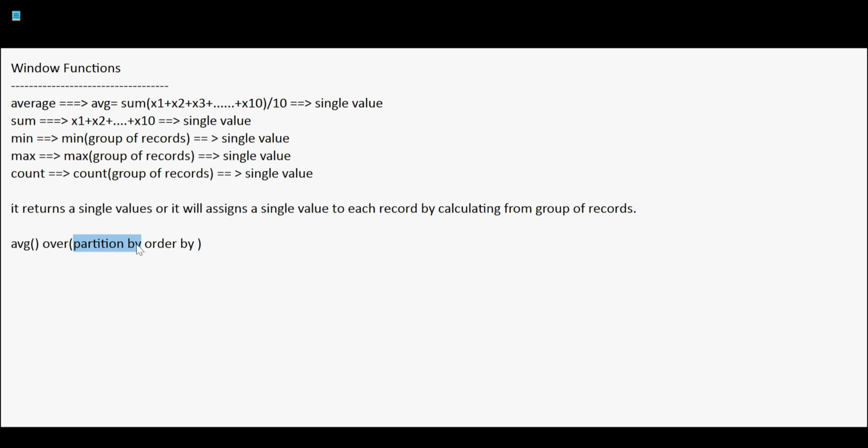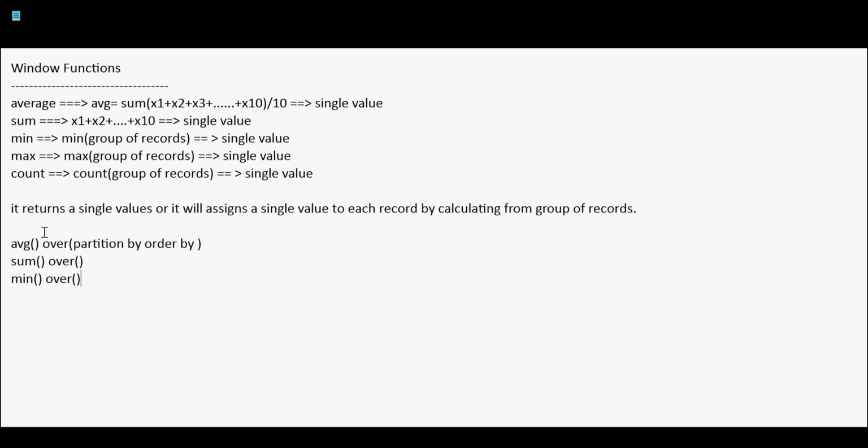What I'm saying is this is only an aggregate function, and as and when you use the OVER clause after aggregate functions, the aggregate function will work as a window function. If you have not mentioned any PARTITION BY, by default it takes one window. Now similarly you can use sum, or minimum.